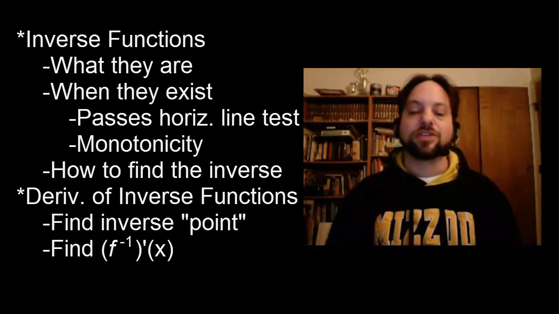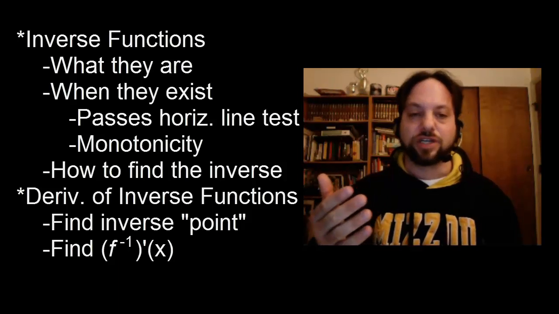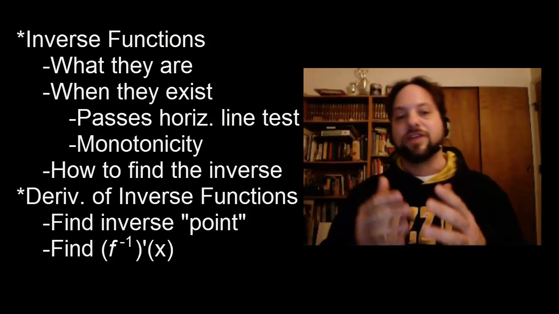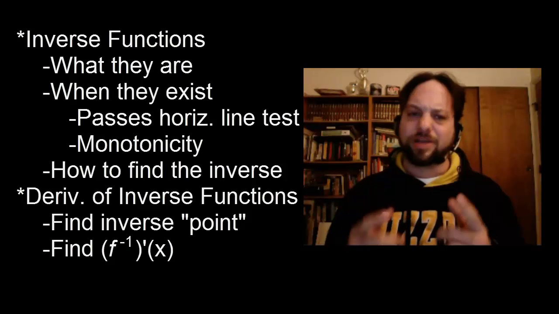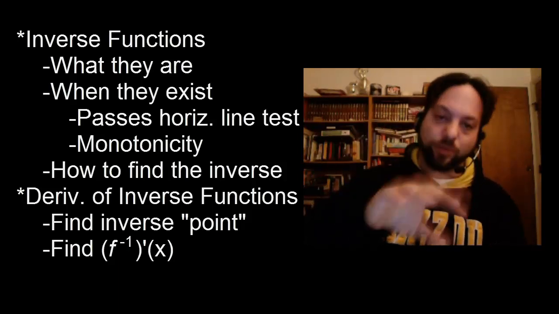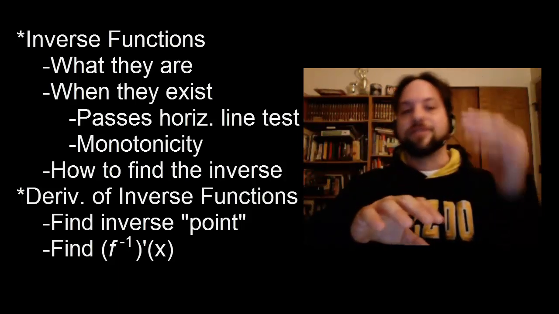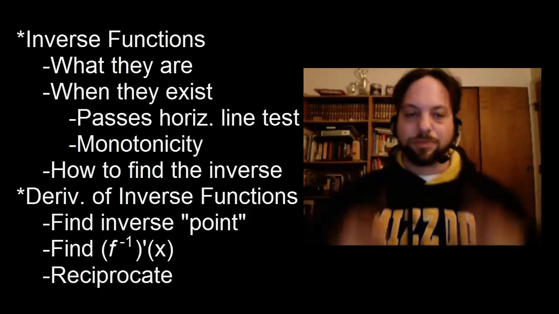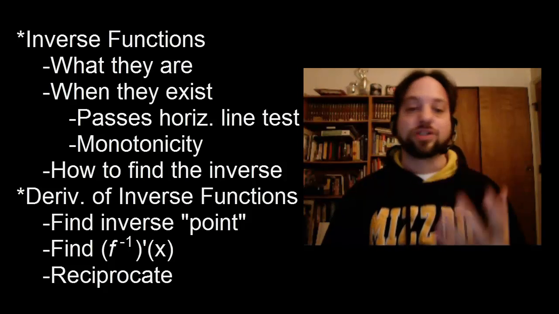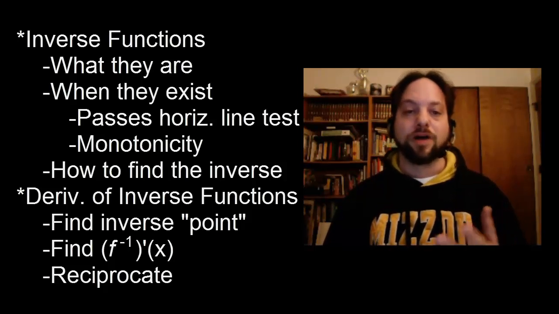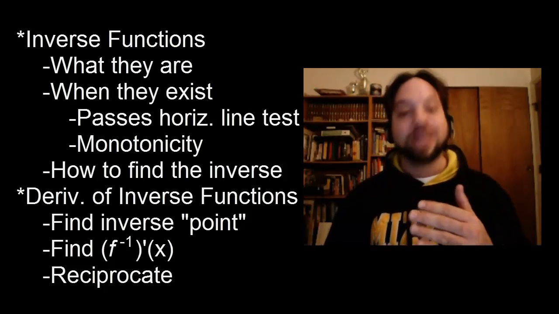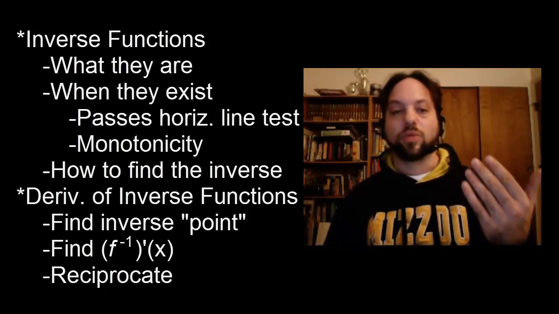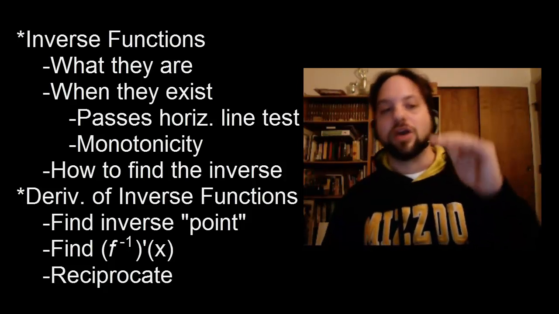Of course, once we found the derivative of the inverse function, if we wanted the derivative of the original function, or rather I reversed that, we found the derivative of the original. If we want the derivative of the inverse, it was just a matter of doing the reciprocal. If the original function has a slope of a over b, then the inverse function will have a derivative of b over a.